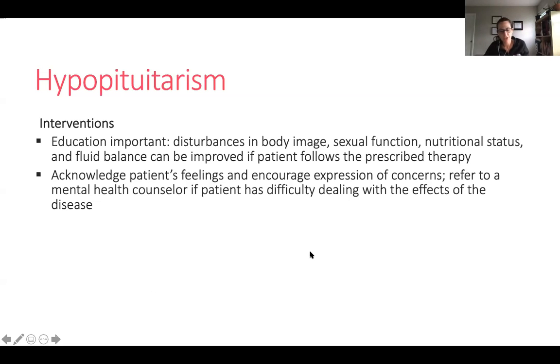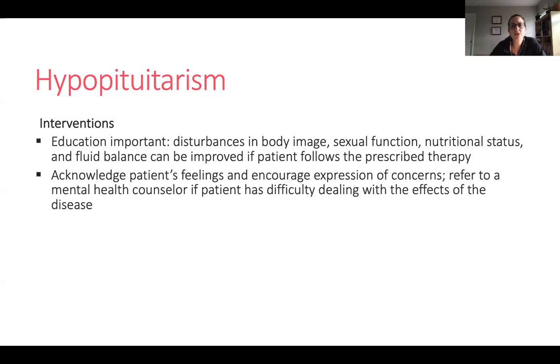So interventions, same as with the hyperpituitarism, so education. There's stigma, you know, with growth suppression and all of that. So making sure that they have support groups or listening to their concerns. And then pay attention to their nutritional status, fluid balance, educate them.